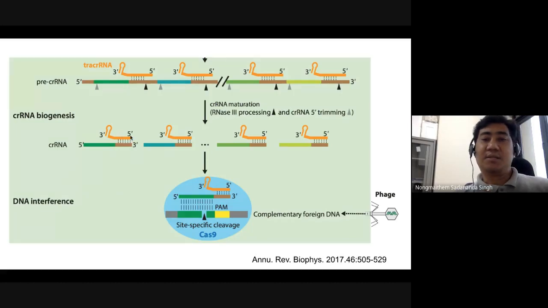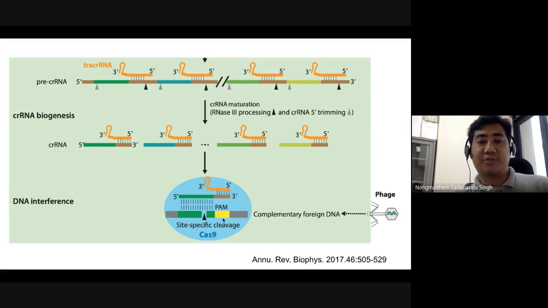This tracer RNA helps in recruiting one of the proteins called Cas9, the Cas protein or CRISPR-associated protein. Cas proteins recognize this duplex and form a ribonucleoprotein complex.